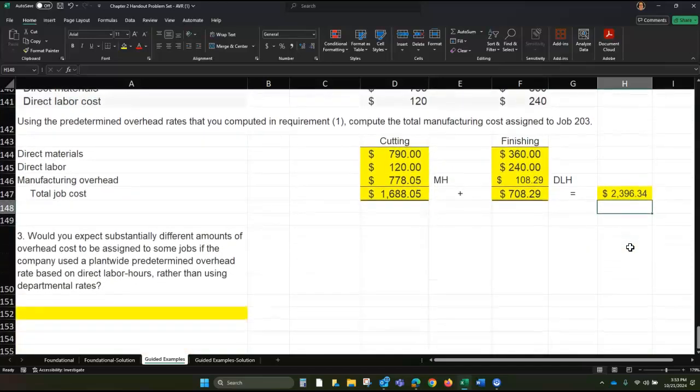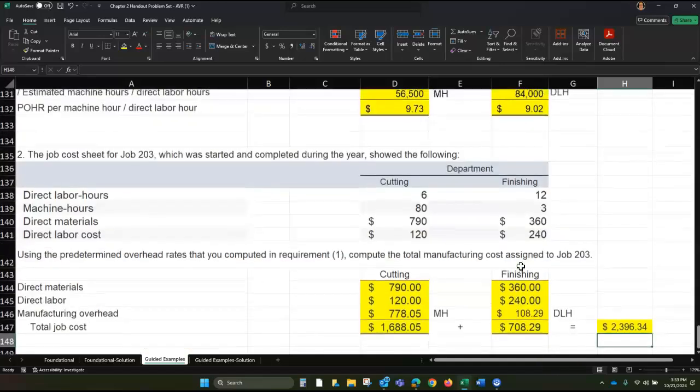Now, in item number 3, it says, would you expect substantially different amounts of overhead costs to be assigned to some jobs if the company used a plant-wide predetermined overhead rate based on direct labor hours rather than using departmental rates?